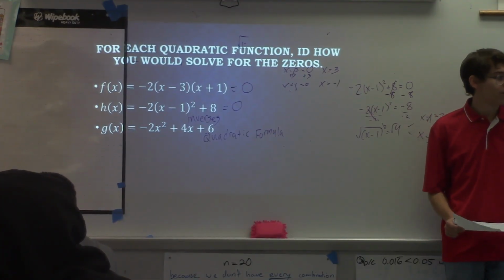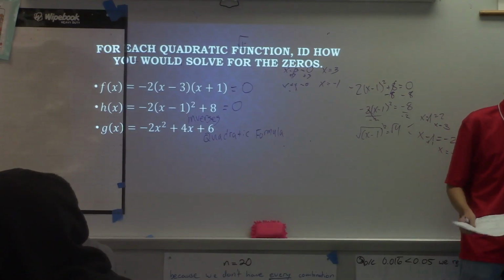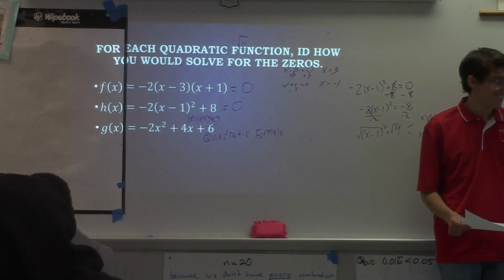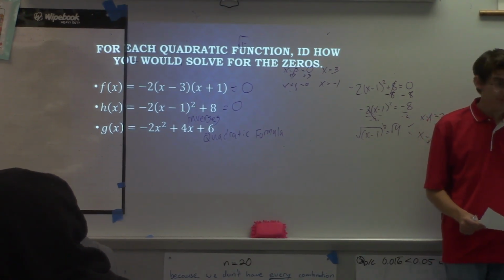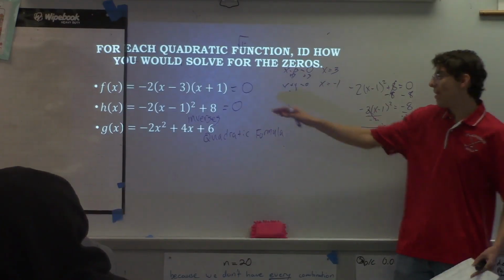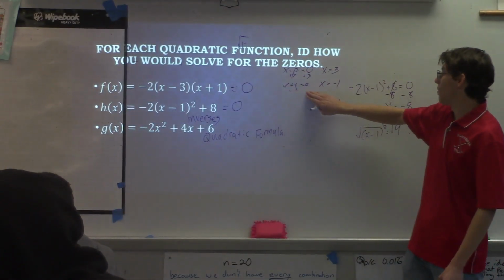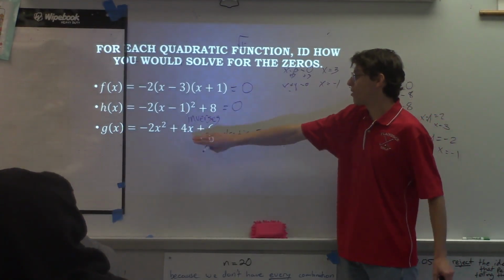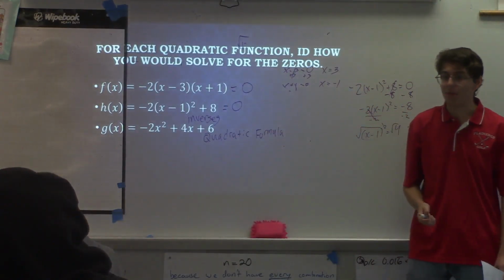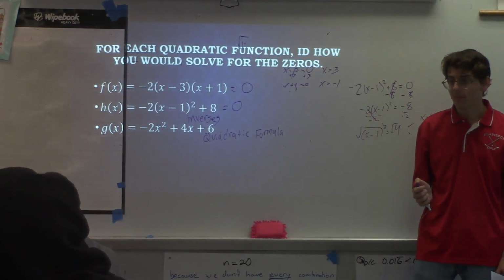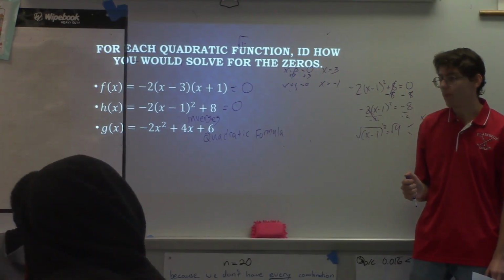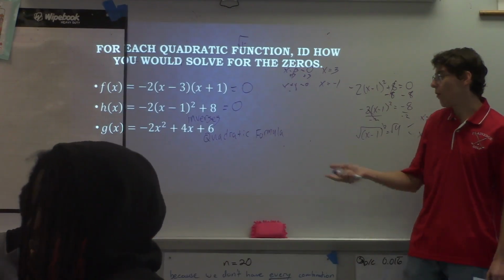Please do not convert to standard form. Could you convert to standard form and then solve? Yes. Is it going to make your life harder? Yes. That's why we don't want you to do it. It's for your sake. Please don't do it. Because if we have this form, we can just do it in one step. But if we convert to standard form, what are we still going to have to use after we do that? Well, we're going to have to use the quadratic formula, right?